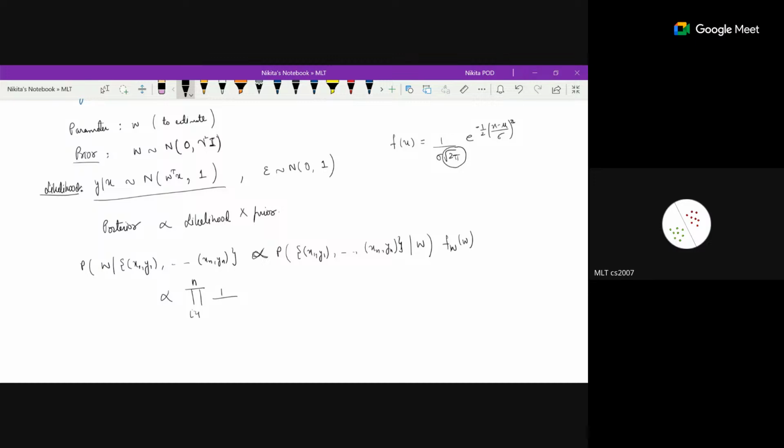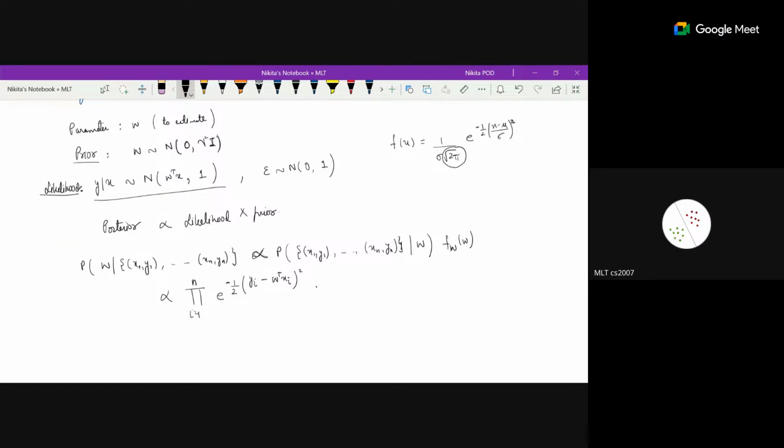So what will be left is e to the power minus 1 upon 2. Now the labels you have are yi, and the mean for this is W transpose xi, divided by sigma. Sigma is just 1, so that is gone. This is whole square.